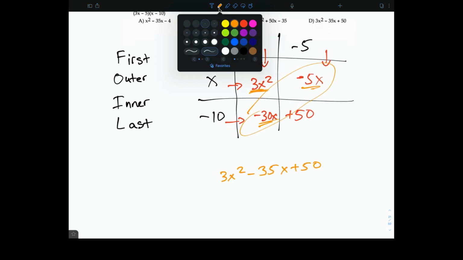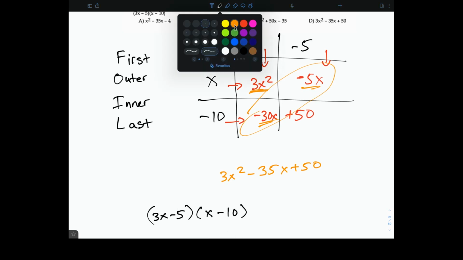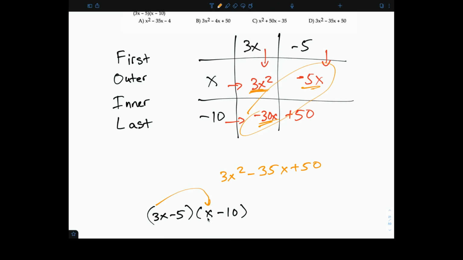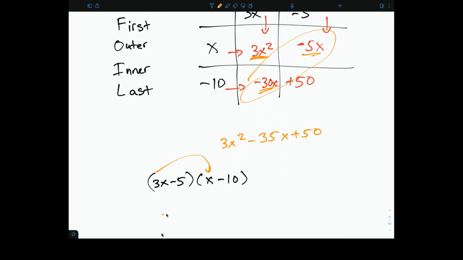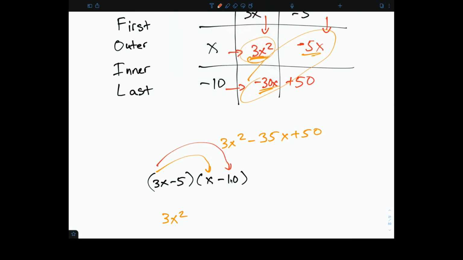Again, most people tend, once they get comfortable, the most desired approach to this is FOILing, which is first, outer, inner, last. So this is just saying you multiply by the first term. So you do 3x times x, which is 3x squared. Note the similarity. Then you do the outer, 3x times negative 10, which is negative 30x.